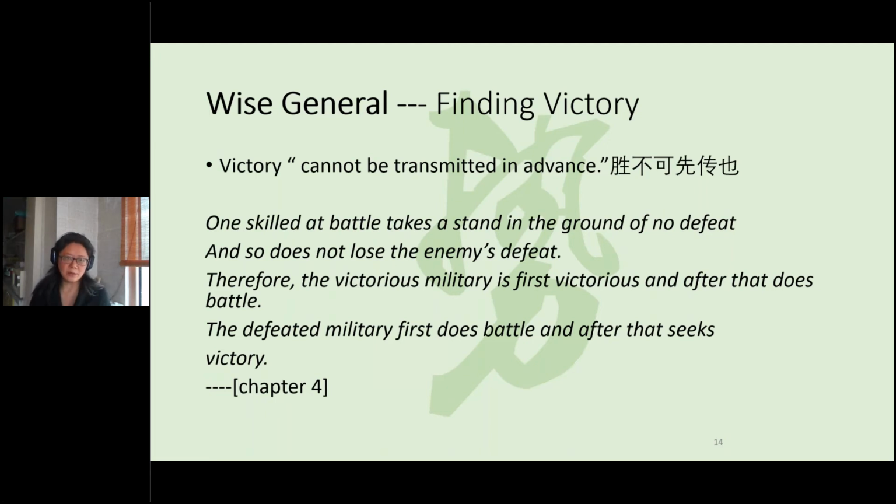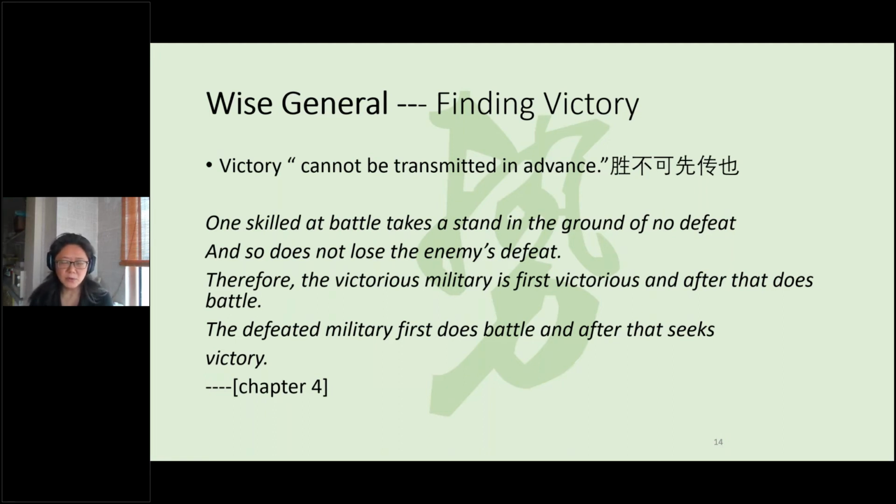And we cannot assert power over people, but rather the effective behaviors of leaders, of a wise general, would arise when we are aware that we are part of the interconnectedness that we are all in.